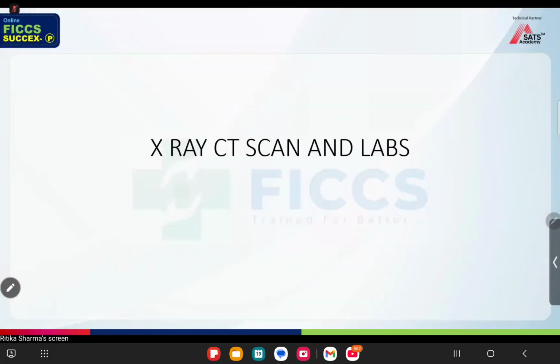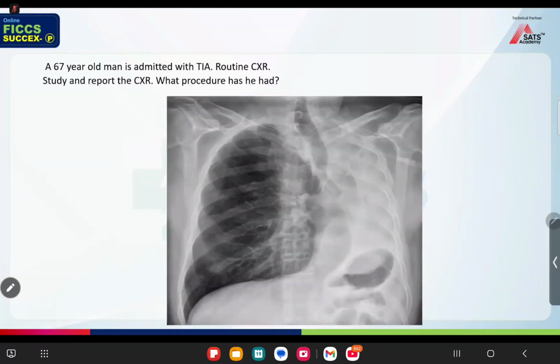So again, 15 minutes for that. Read and answer. A 67-year-old male is admitted with transient ischemic attack, routine chest X-ray. Study and report the chest X-ray. What procedure has he had? This man has had TIA, routine chest X-ray was done.